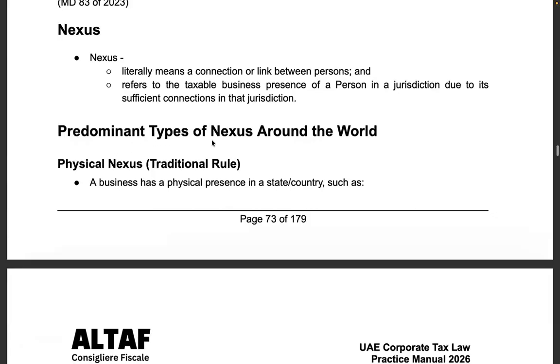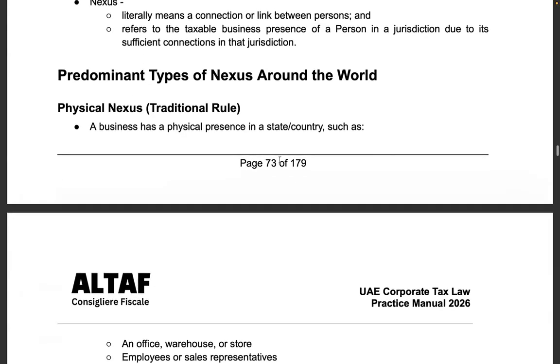Now, different types of nexus exist around the world. One is a physical nexus. If my memory serves me right, for the first time in 2018 or so, a US court decided on a sales tax law regarding the concept of nexus, where one seller from one state in the United States was subjected to tax in another state.